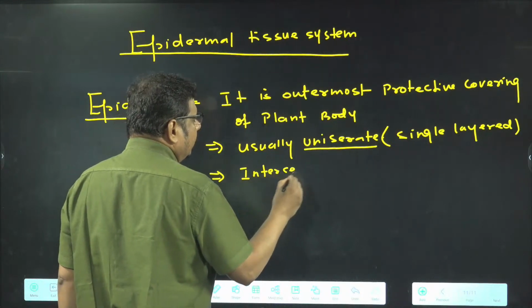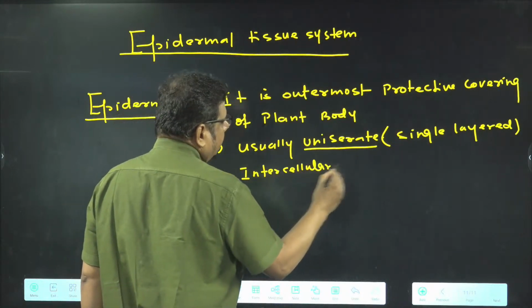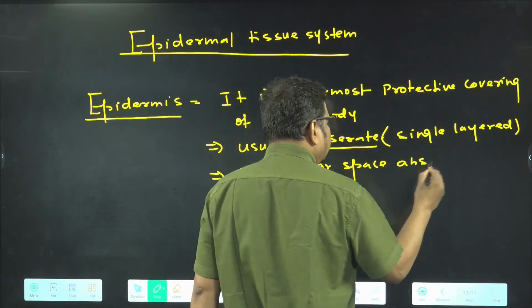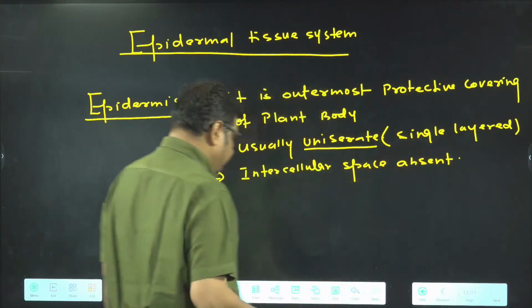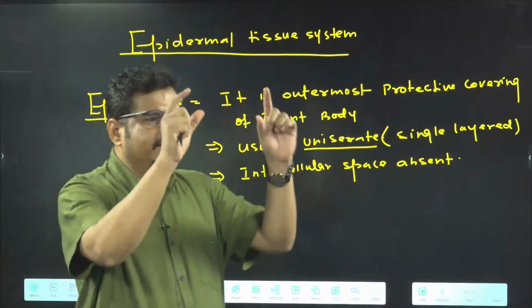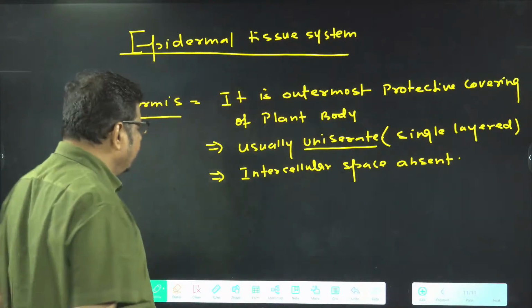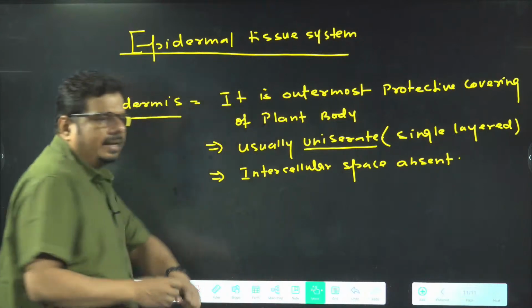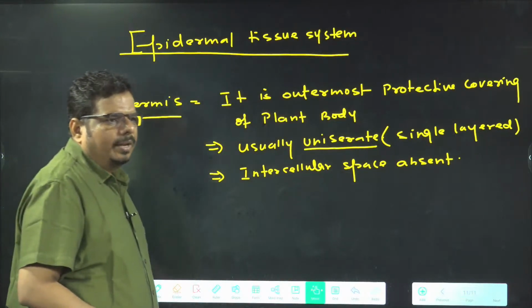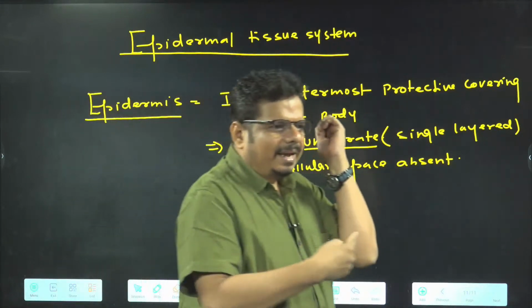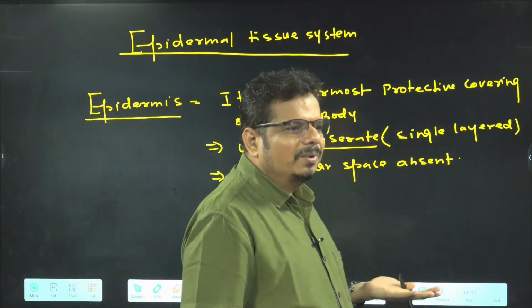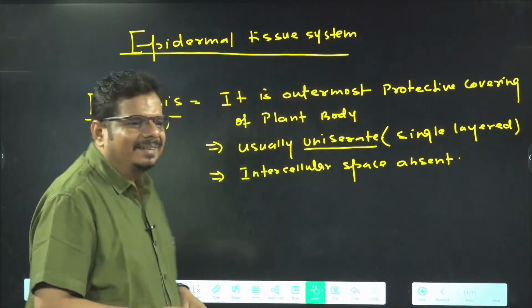Intercellular space absent in case of which one? Epidermis. Otherwise, if intercellular space is there, infectious agents may enter the interior of the plant. It is working like your skin in plant. So if anything can penetrate through your skin, you get a lot of infection in your body. Is it clear? Right?